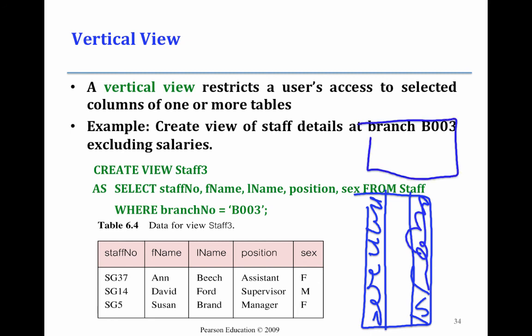Whereas with a horizontal view, you might see this part of it and this part of it, so you see a horizontal slice. Here, I'm giving a view of the staff relation where I've deleted the salary. So maybe someone in human resources needs access to the staff, but unless they're in the payroll department, we don't want them to see the employee's salary. Obviously, you might not want people getting jealous, stuff like that.